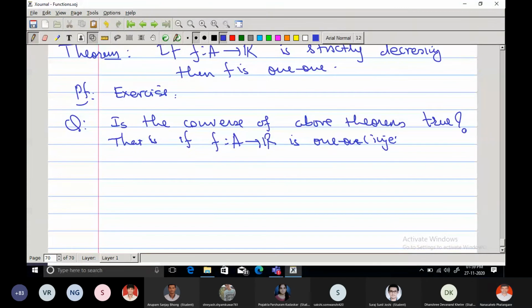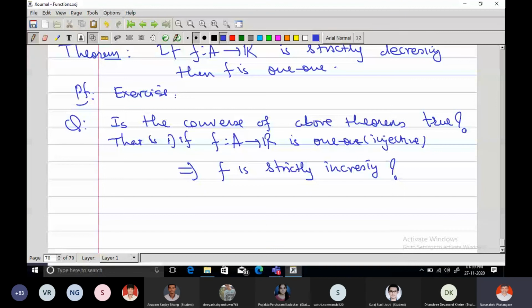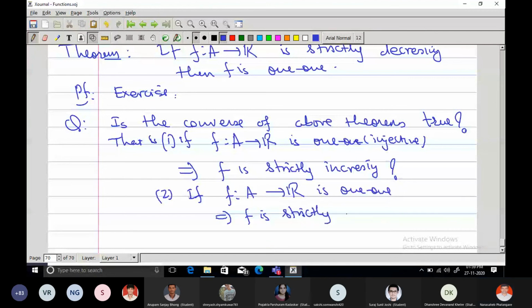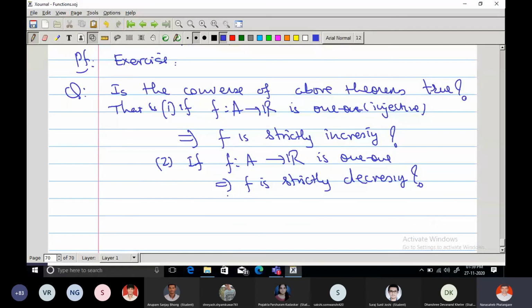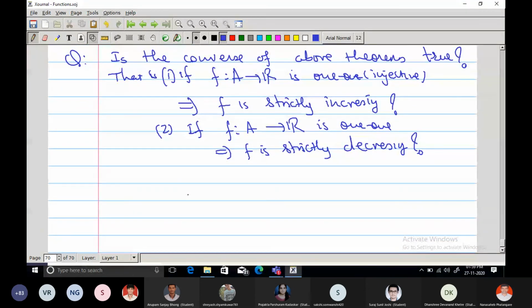Or, if f from A to R is 1-1, does this imply f is strictly decreasing? Is the converse true? Now I will give you a hint. You have to find an example.